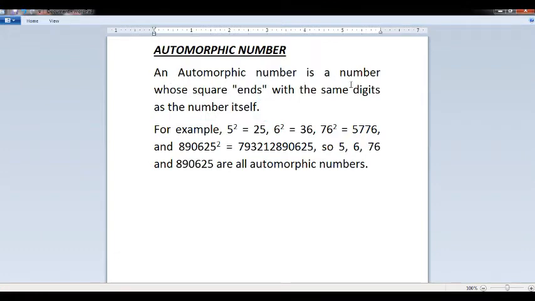An automorphic number is a number whose square ends with the same digits as the number itself. It means firstly we take a number, then we calculate its square, then check whether the digits at the end of the square and the number itself are the same or not.